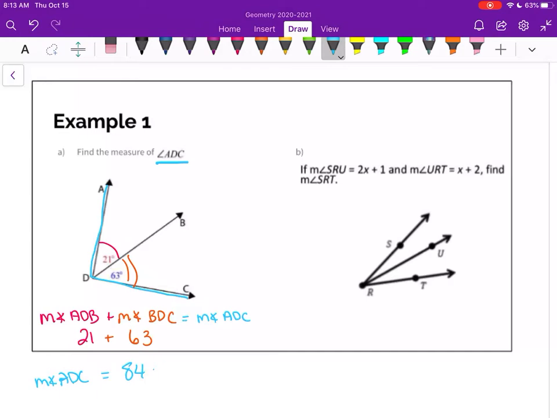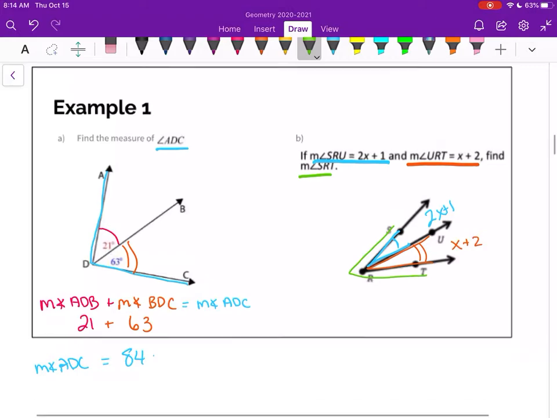Okay, great. Next, if the measure of angle SRU, so SRU is going to be this angle here, is 2x plus 1, and the measure of angle URT, so U to R to T, this angle here, is going to be x plus 2, find the measure of angle SRT.